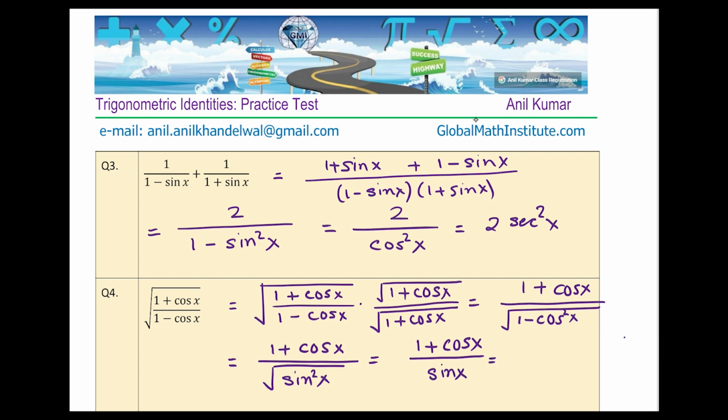So you could write this as 1 over sine x plus cos x over sine x. Or this can now be written as 1 over sine x is cosecant x plus cos over sine is cotangent x. So that is how we can write this particular expression.